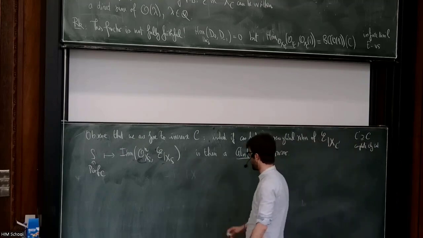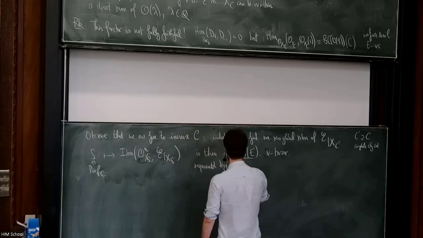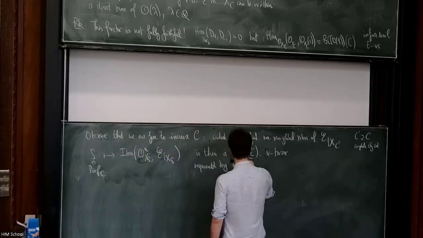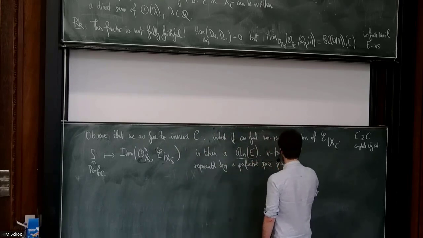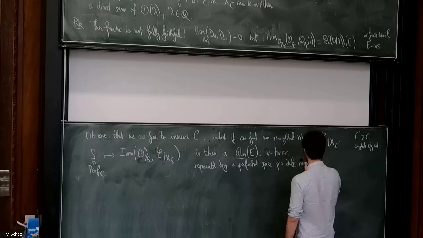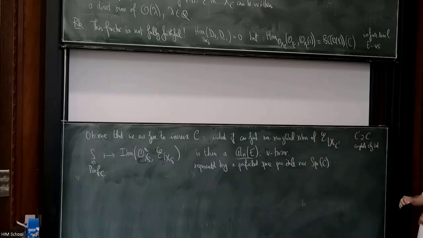But then it's actually automatically represented by a perfectoid space, which is pro-étale over Spa C, and thus has a section.